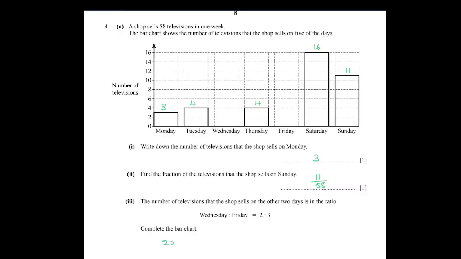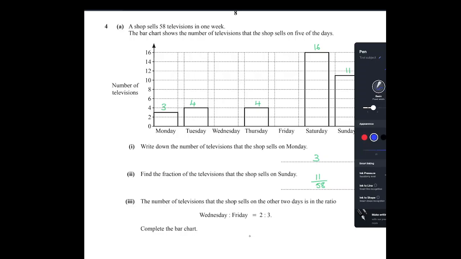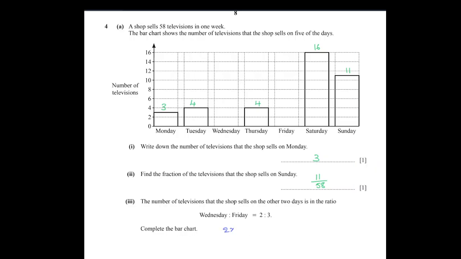So 2x, okay, let me do it with the blue color pen. So 2x and 3x, so 2x plus 3x will be 20. So 5x is 20. So here the x value will be 20 divided by 5, which is 4.